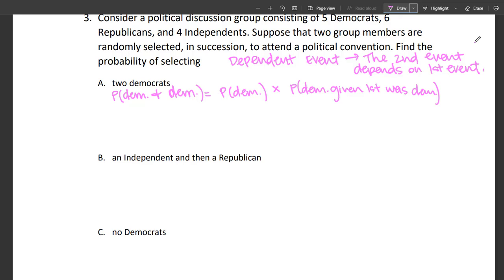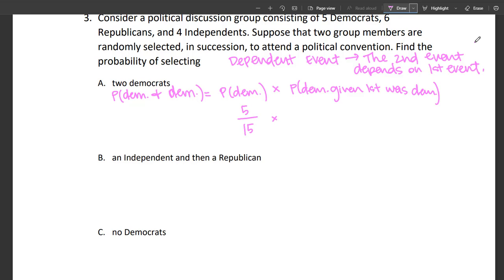So our Democrats, we have 5 Democrats. What is the total number of people that we are choosing from? We have 5 Democrats, 6 Republicans, 4 independents. So we have 15 people total that we are choosing from. What is the probability of choosing that second Democrat?